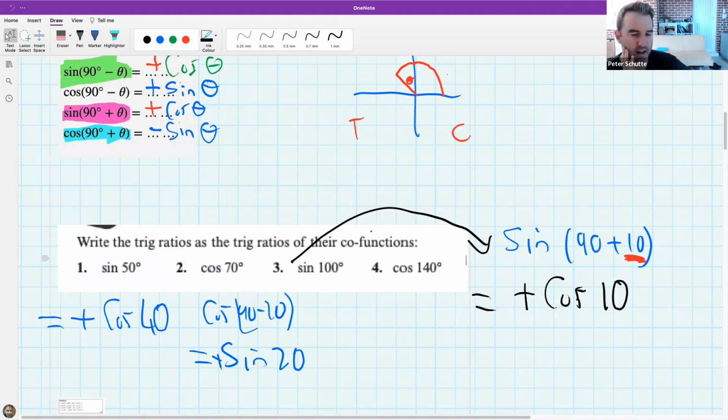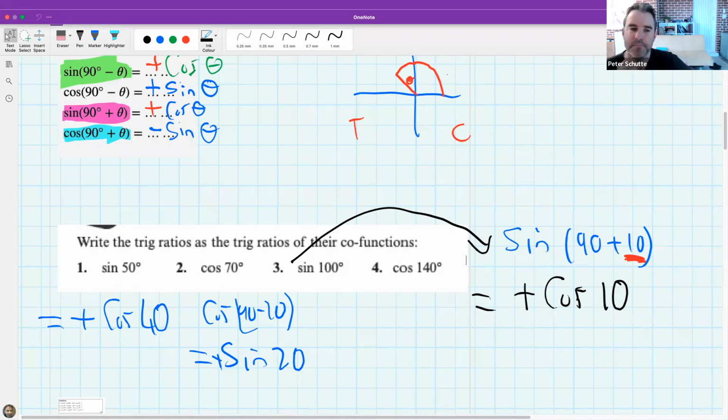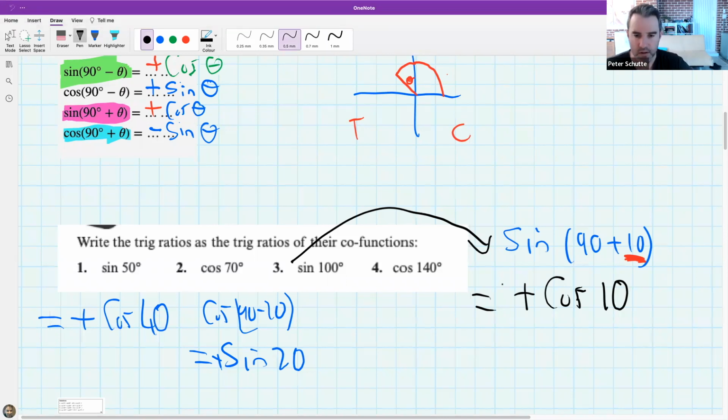Let's give a bit more time for number 4, because number 4 is a bit trickier. So we have to use the co-functions because of the way the question is asked.